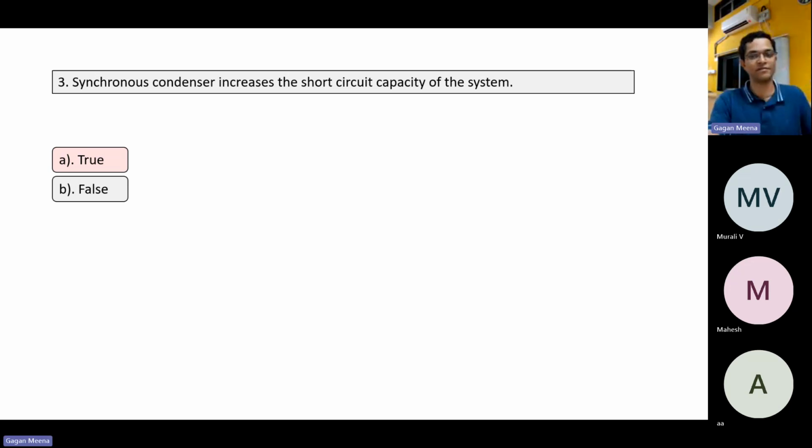Then, a synchronous condenser can work as a shunt reactor. Is it true or false? It can work both as a capacitor and reactor. When overexcited, a synchronous machine works as a source of reactive power. This is also true.